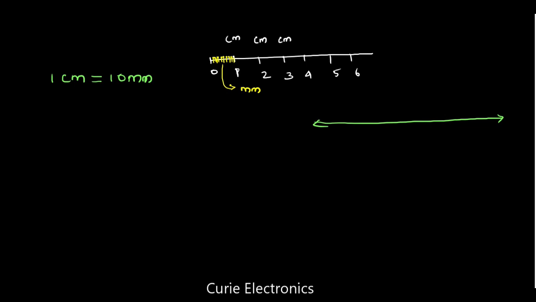So there, 1 meter equals what? 1 meter equals 100 centimeters. You can write one more way also: 1 meter equals, in mm, 1000 mm. So these things you should know.